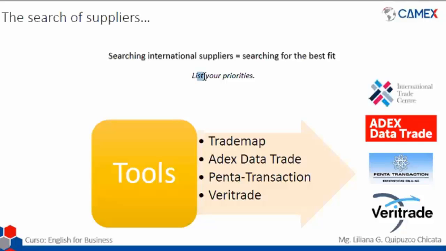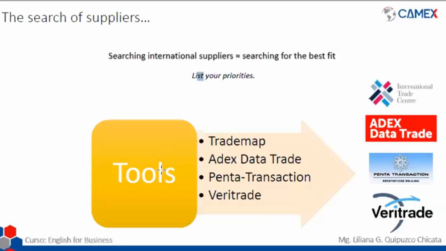Every time, you will have to list your potential suppliers and your list of priorities, so you can make a crossover and find who's the best supplier for you. Remember that we're going to see this in further sessions, especially how to pick and how to do this match, this comparison between potential suppliers and the list of priorities.